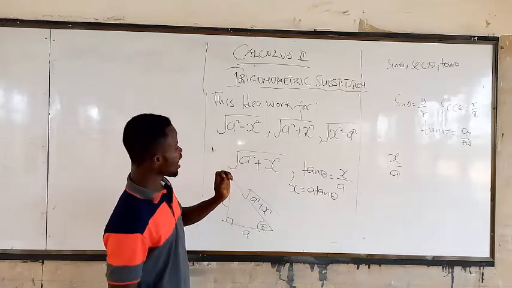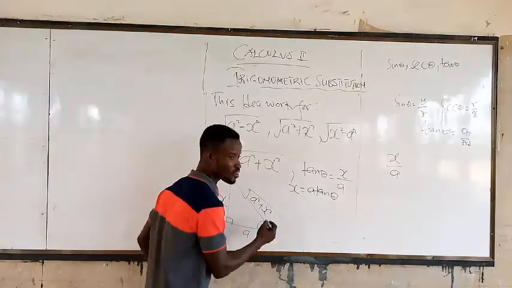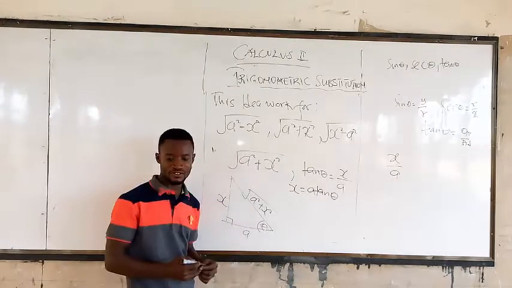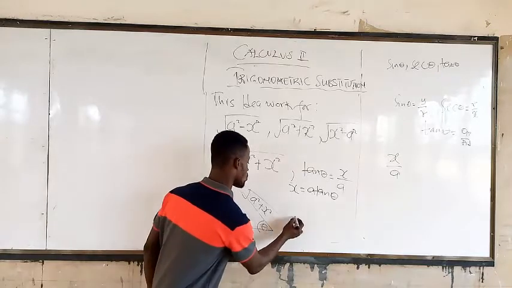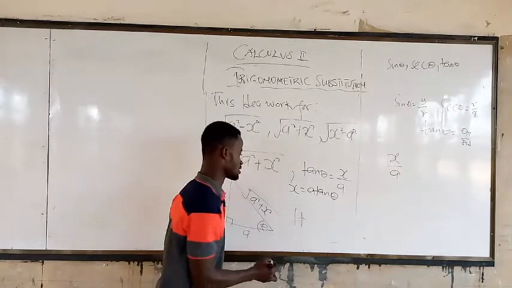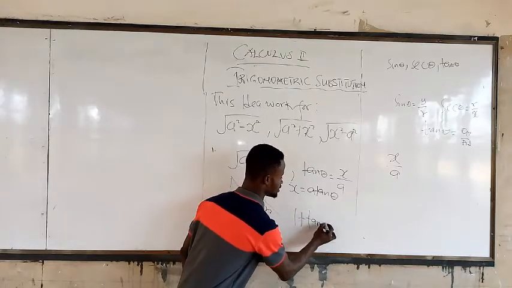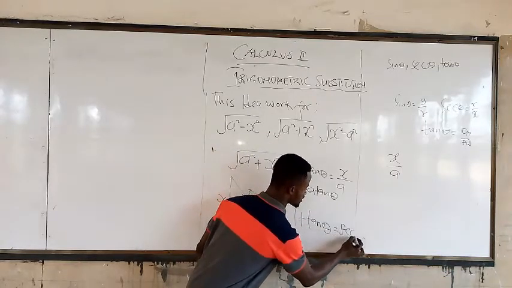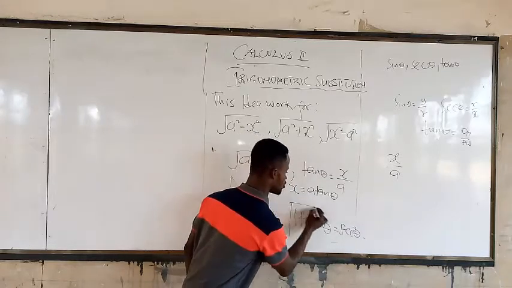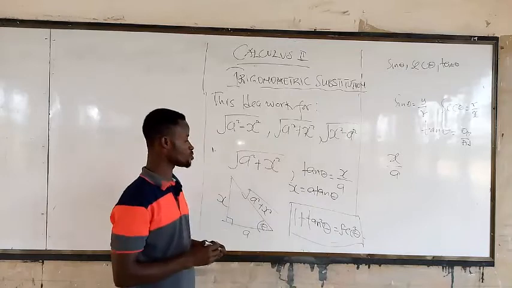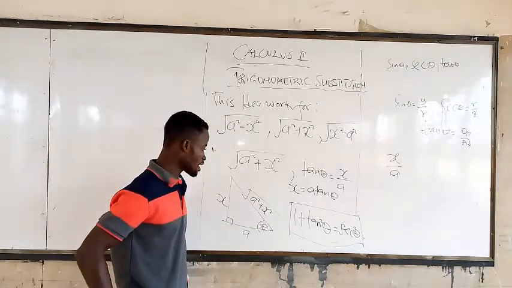Whenever you are dealing with tan, you will need a trigonometric identity, and that identity is 1 plus tan squared theta is equal to sec squared theta. So there will be a need of this trigonometric identity. I hope it's clear now.